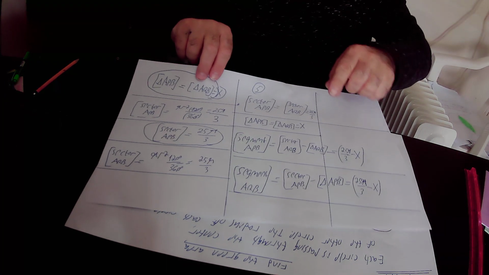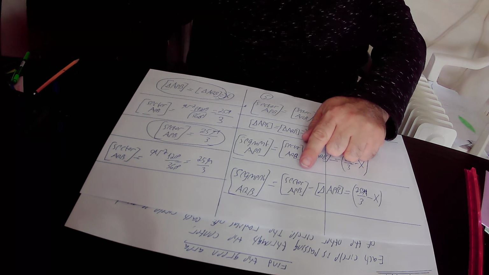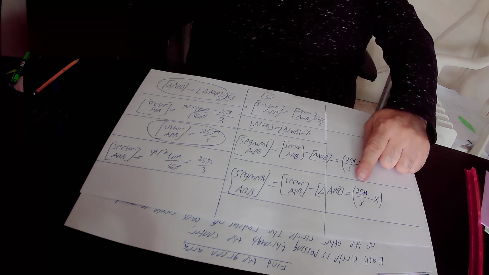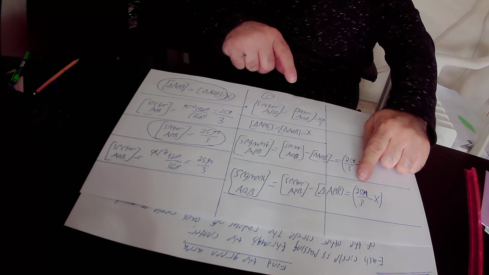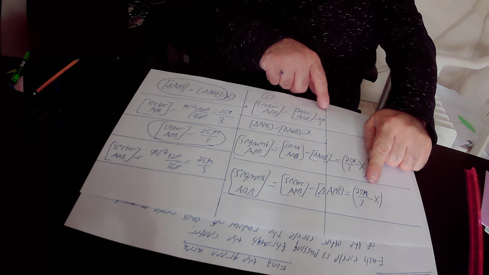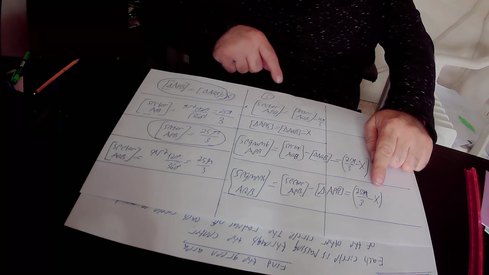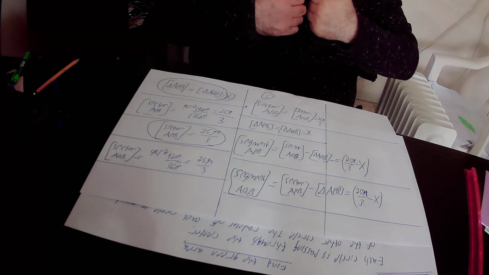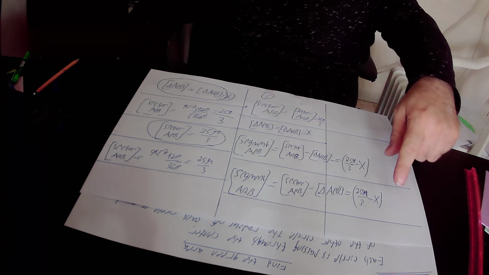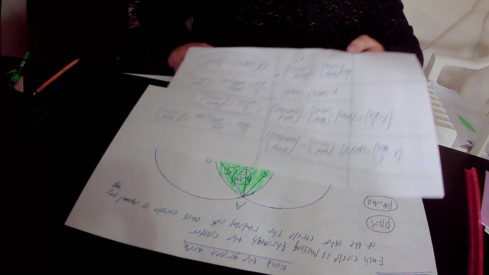But we have already found that the area of sector APB equals 25 pi over 3 square units, and the area of triangle APB equals X. So in conclusion, we found that the area of segment AQB is equal to the area of segment APB. Okay?